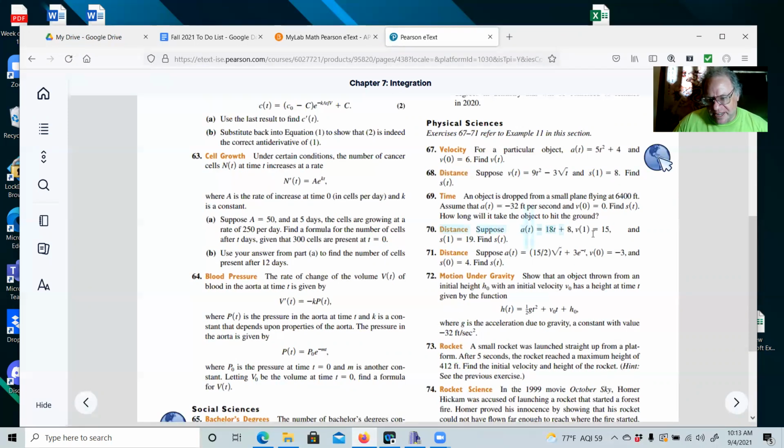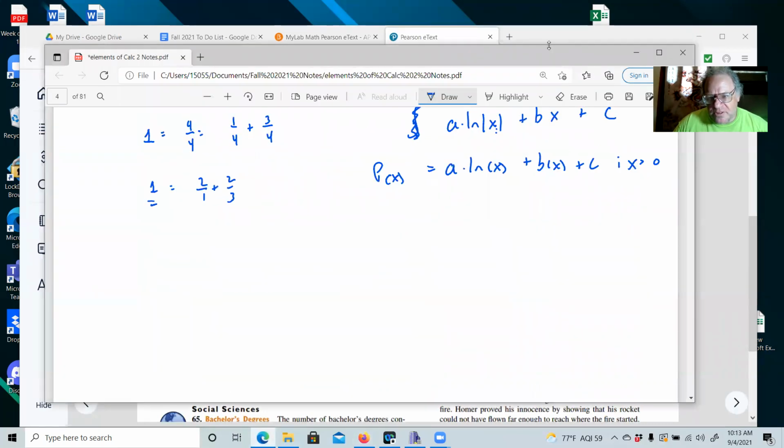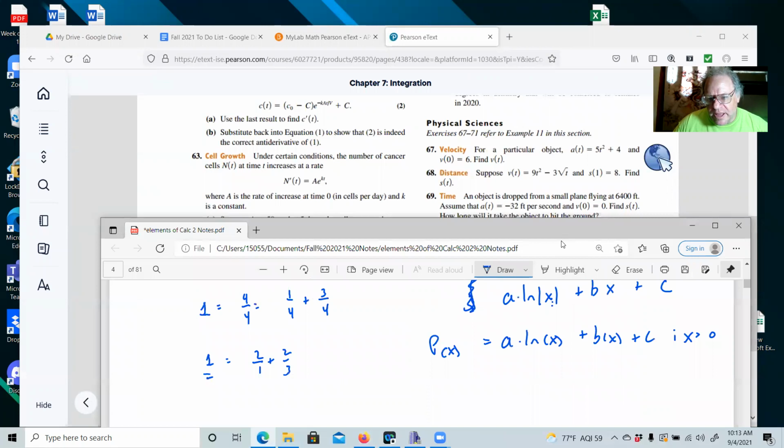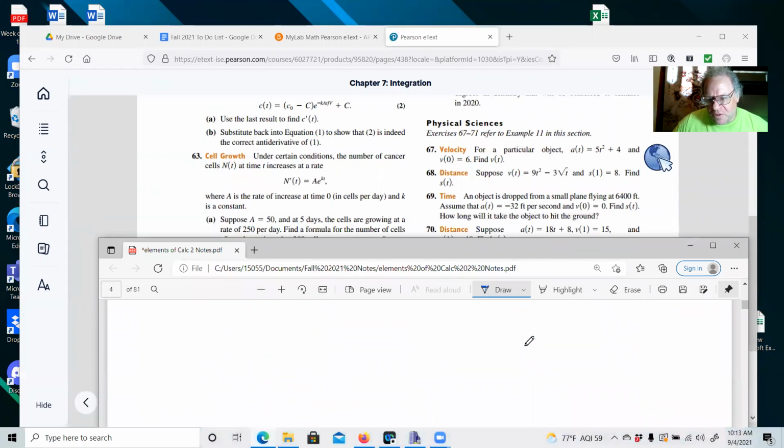So I'll look at 70. So you have distance, right? Now, here's our acceleration, A of t. Now, on planet Earth, in this universe, we tend to have constant accelerations.